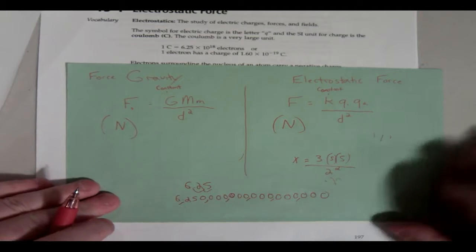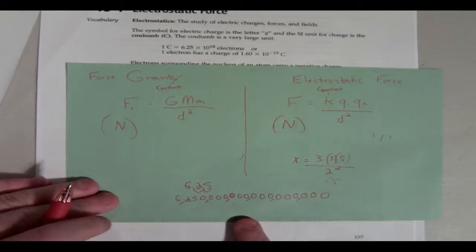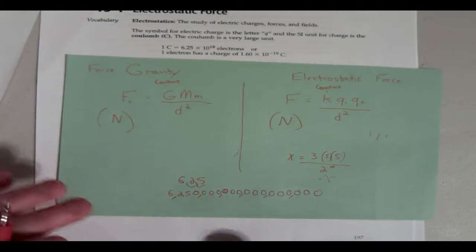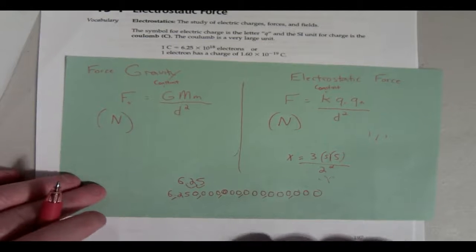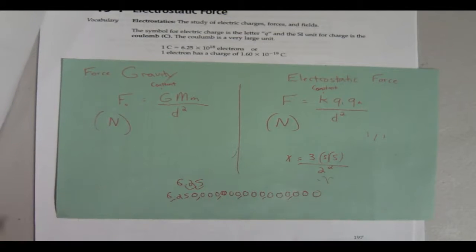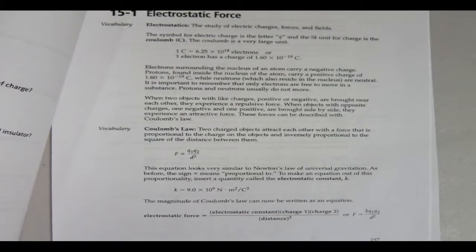So, as you can see, it's this many electrons. It's a very big number. I don't even know how to pronounce this number. It's huge. Hopefully I wrote it right, but that's what a Coulomb is, okay? That's like our unit of charge, or SI unit.